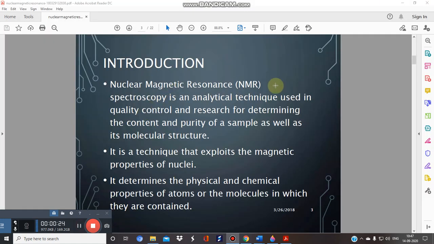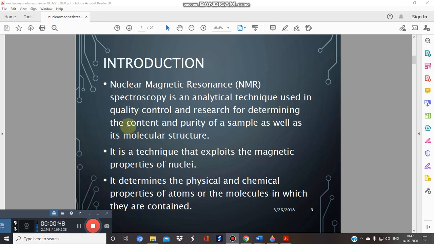Nuclear magnetic resonance spectroscopy is an analytical technique widely used in quality control and research. It is used for determining the content and purity of the sample as well as the molecular structure, because we have already covered that spectroscopic methods are widely used for structural elucidation or structural determination.